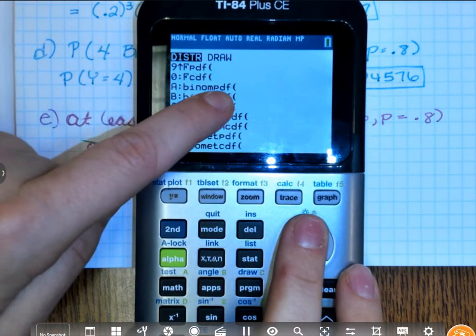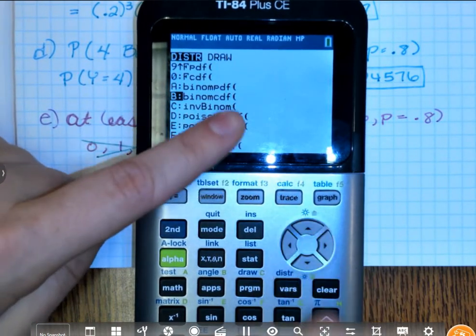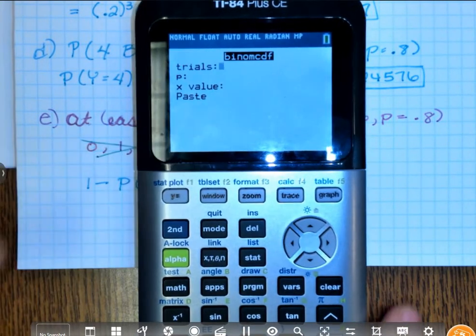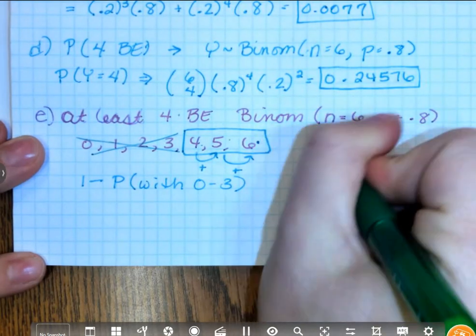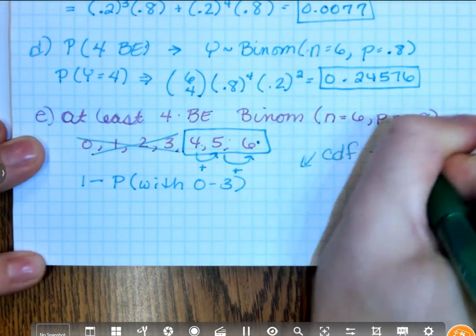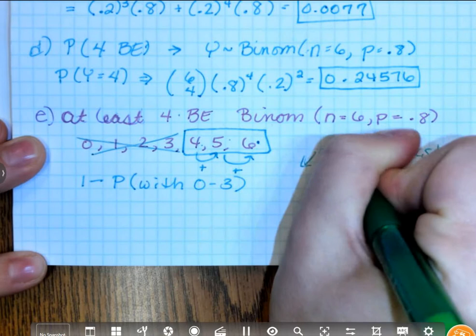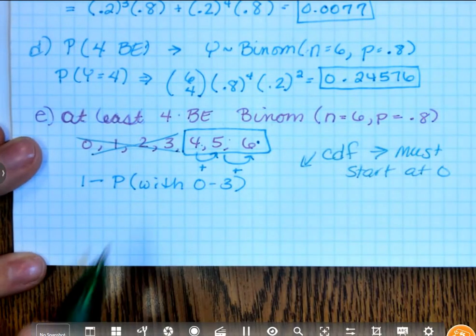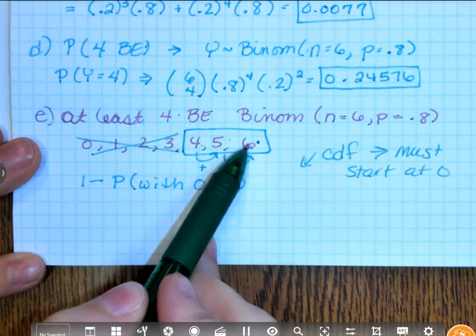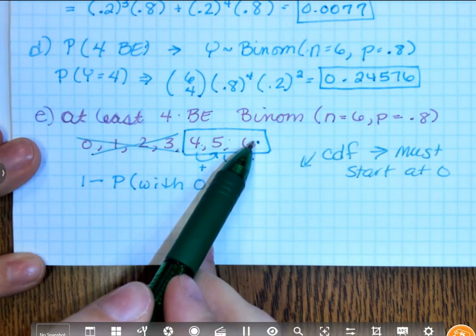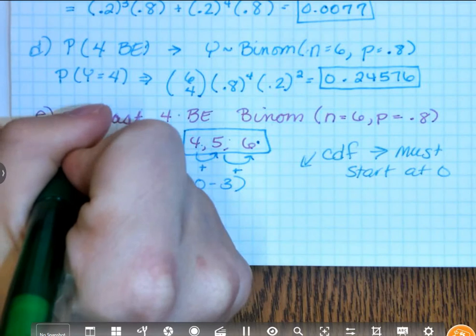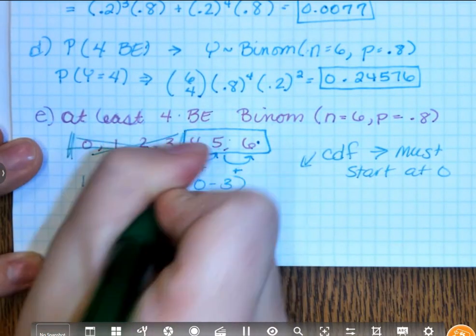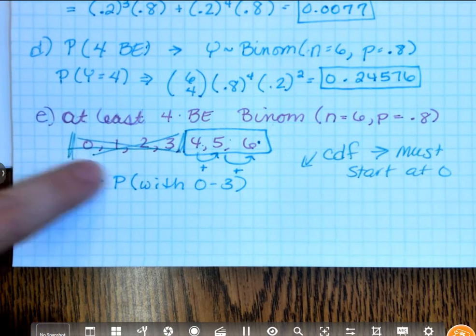PDF is for exactly one value. CDF will allow me to do a range. But if you're doing CDF, it must start at 0. I cannot use CDF to do 4, 5, and 6. Does that make sense? CDF is always going to start here, and it's going to tell me go through what number. So I'm cutting off through 3.